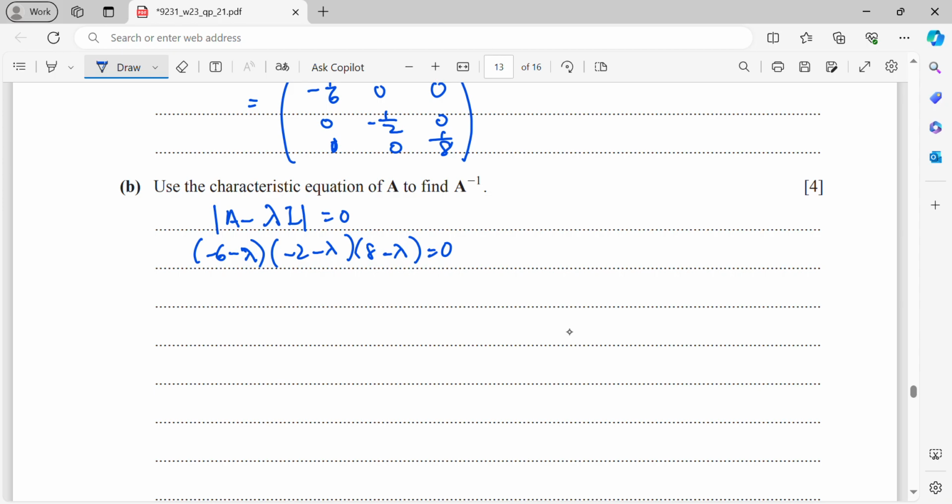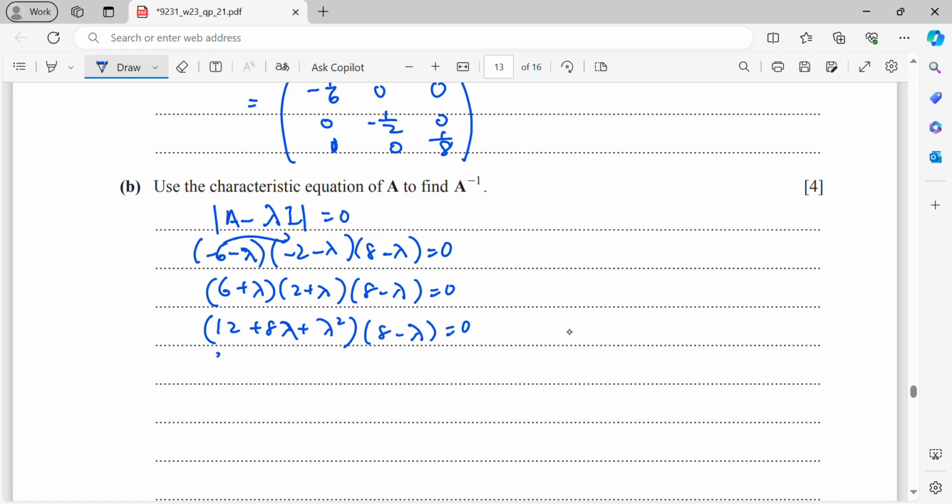Okay, so then from here, I'll do expansion. For the first two brackets, because you can factorize the minus, I get 6 plus lambda, then 2 plus lambda, 8 minus lambda equals 0. When you do expansion, 12 plus 8 lambda plus lambda squared, then multiply with 8 minus lambda equals 0. Expanding, I'll get 96 minus 12 lambda plus 64 lambda minus 8 lambda squared plus 8 lambda squared minus lambda cubed equals 0.